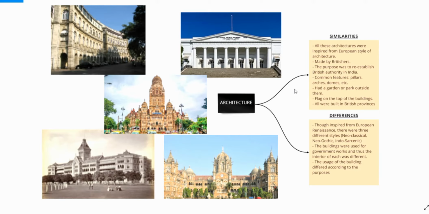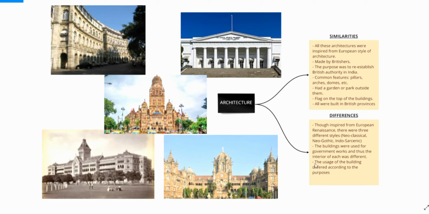The common features are the pillars, like in this one, the arches and the domes. They all had a garden or a park outside them so that people can get relaxed. We can also see that on top of all the buildings a flag is visible. All these were built in British provinces.